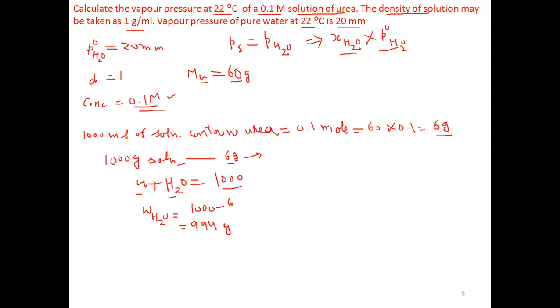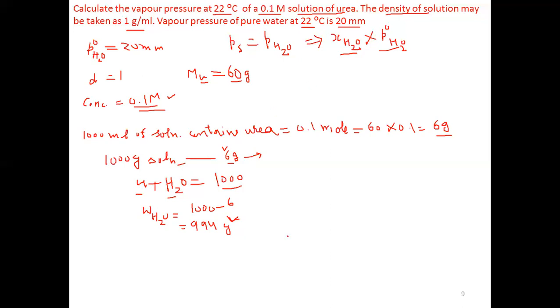Now we have the weight of water as well as the weight of urea, so we can easily calculate the mole fraction of water. As the solution contains only 6 gram of urea per 994 gram of water, we can assume the solution to be dilute.